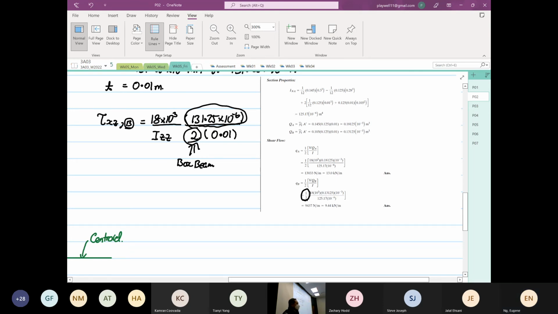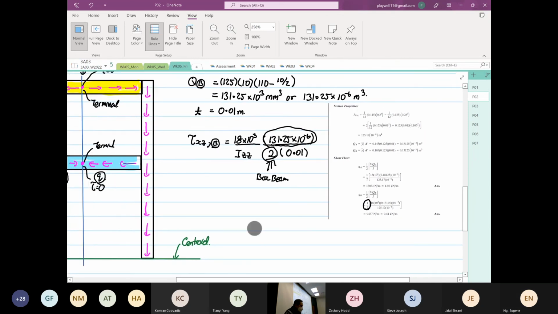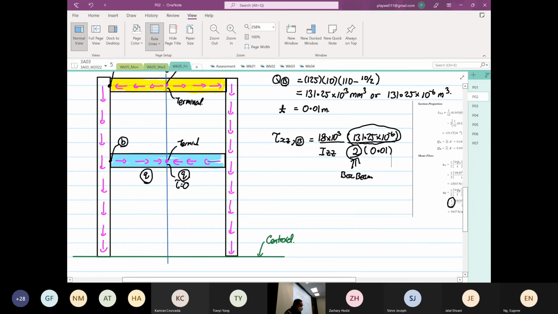Yes, it's because of that terminal over there. Because anything that comes to the terminal will equal 0.